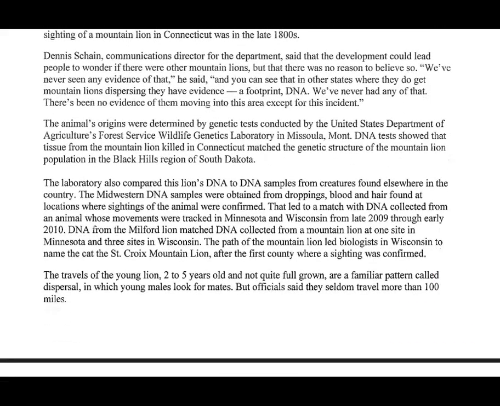The lab also compared this lion's DNA to DNA samples from creatures found elsewhere in the country. The Midwestern DNA samples were obtained from droppings, blood, and hair found at locations where sightings of the animal were confirmed. That led to a match with DNA collected from an animal whose movements were tracked in Minnesota and Wisconsin from late 2009 through early 2010.